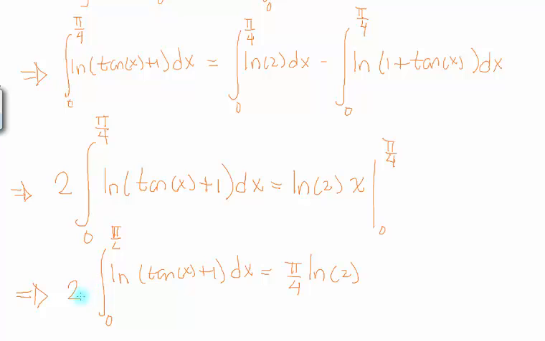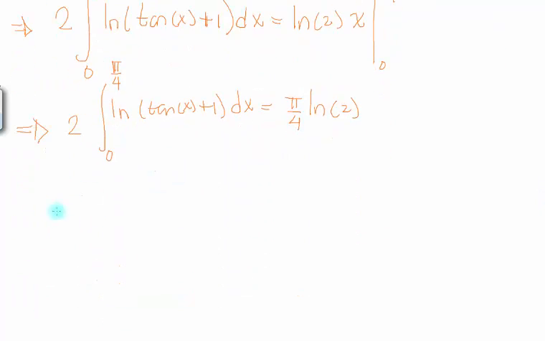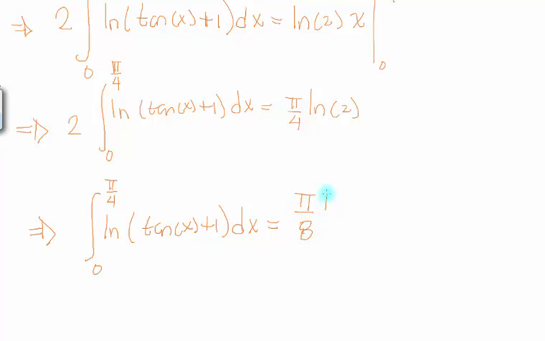And what we do with this 2 is that we divide. So what we finish up with is that the integral from 0 to pi over 4 of ln of tangent of x plus 1 dx is equal to pi over 8 log of 2. And that is our answer.